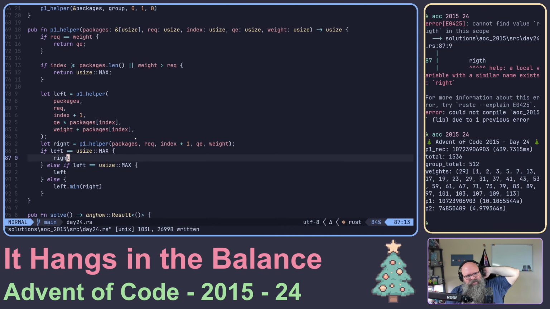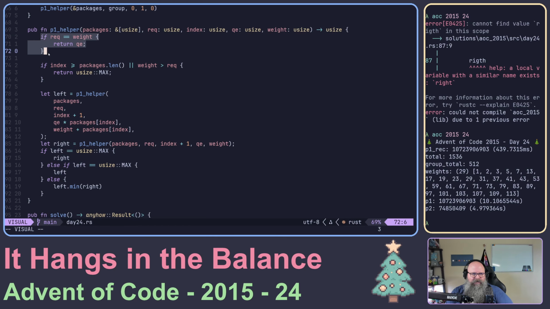Like essentially what you're saying is, try and find the smallest number of ones that equal your weight requirement. You're trying to find solutions that equal your weight requirement, right? So if you ever get it, you return QE. And you keep working down that list.